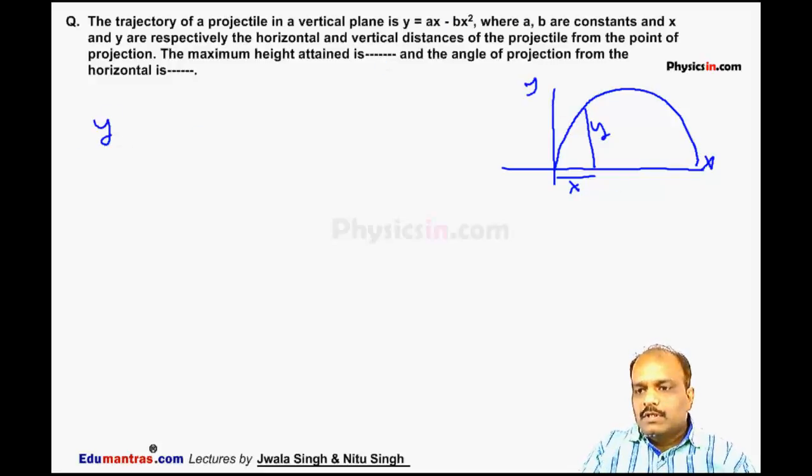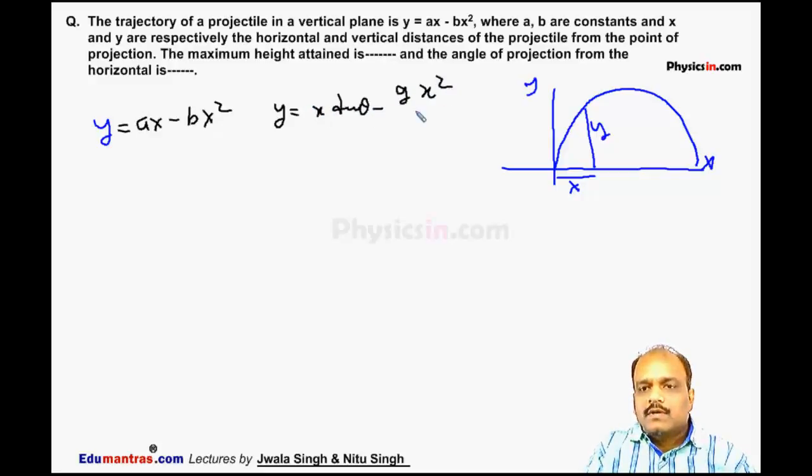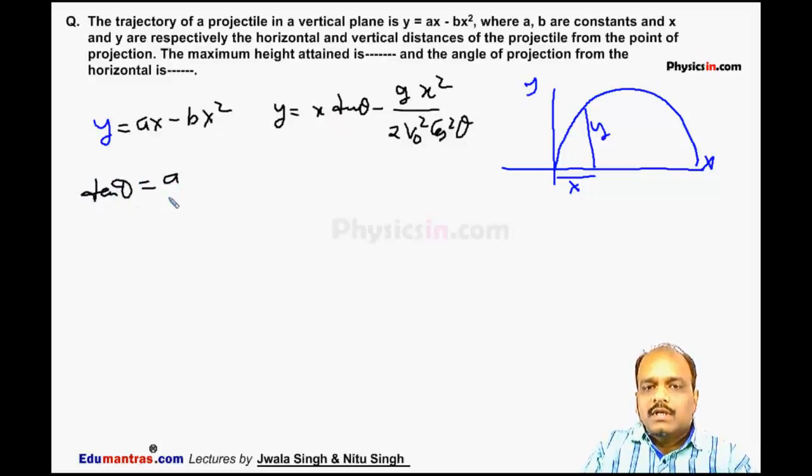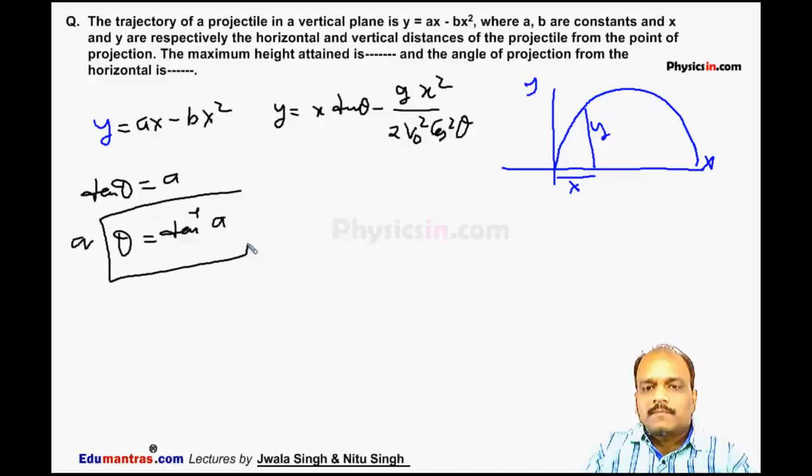For the angle of projection, we can compare this y with x tan theta minus gx square by 2 v naught square cos square theta. So from here we get tan theta is equal to a, or theta is equal to tan inverse of a. This is the angle of projection.